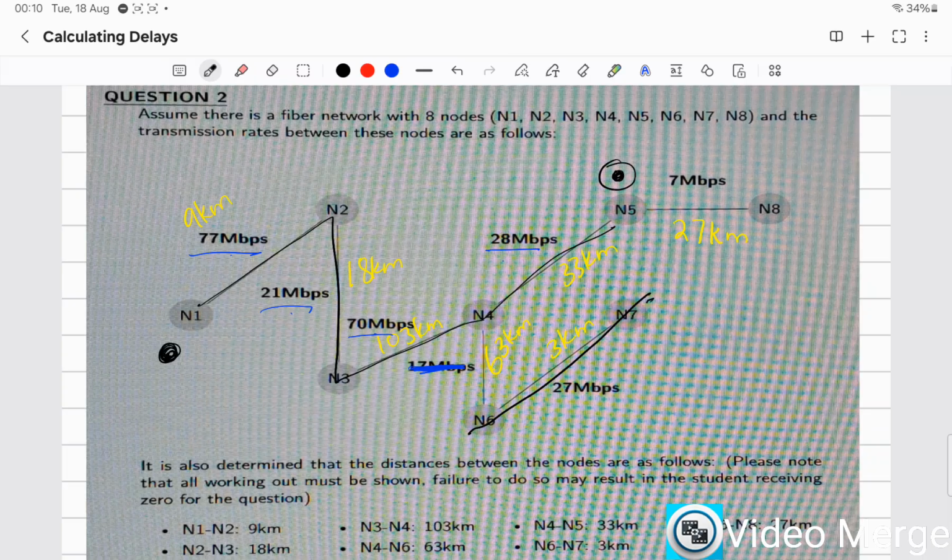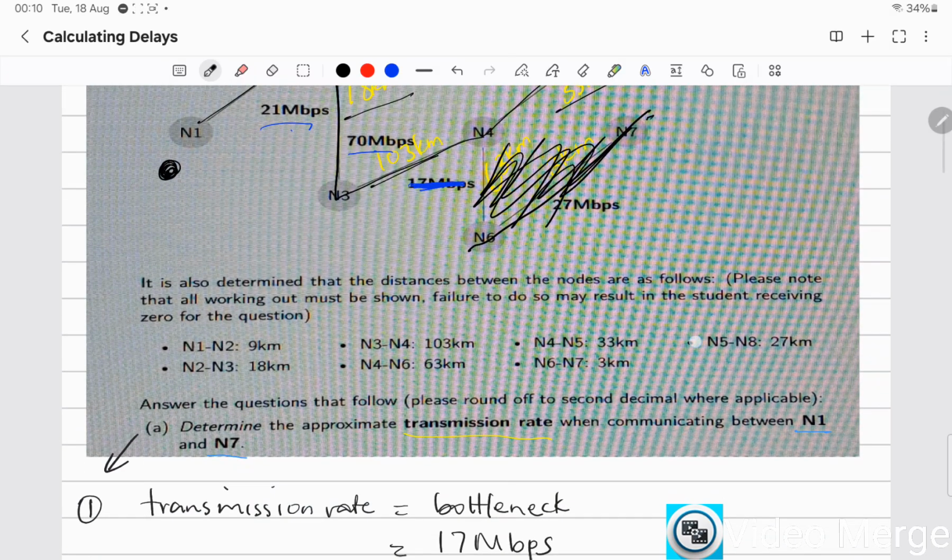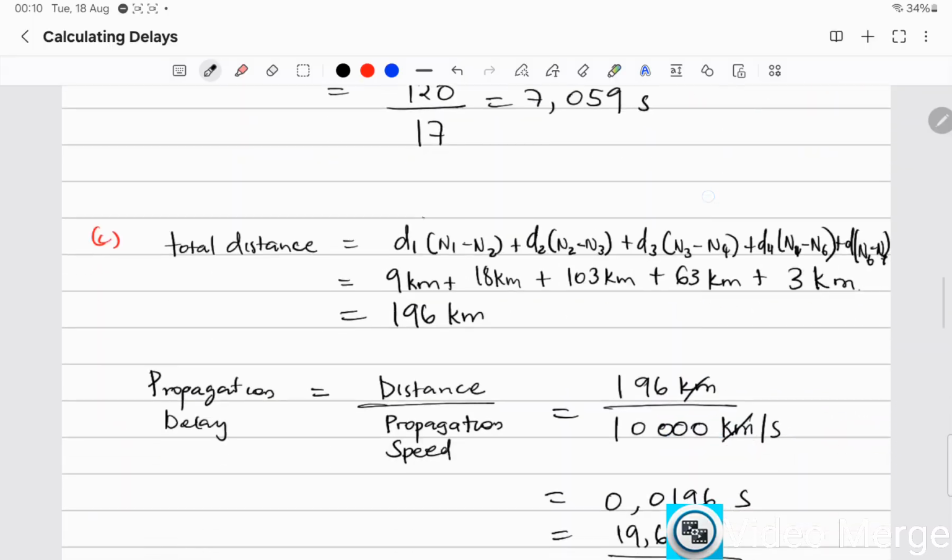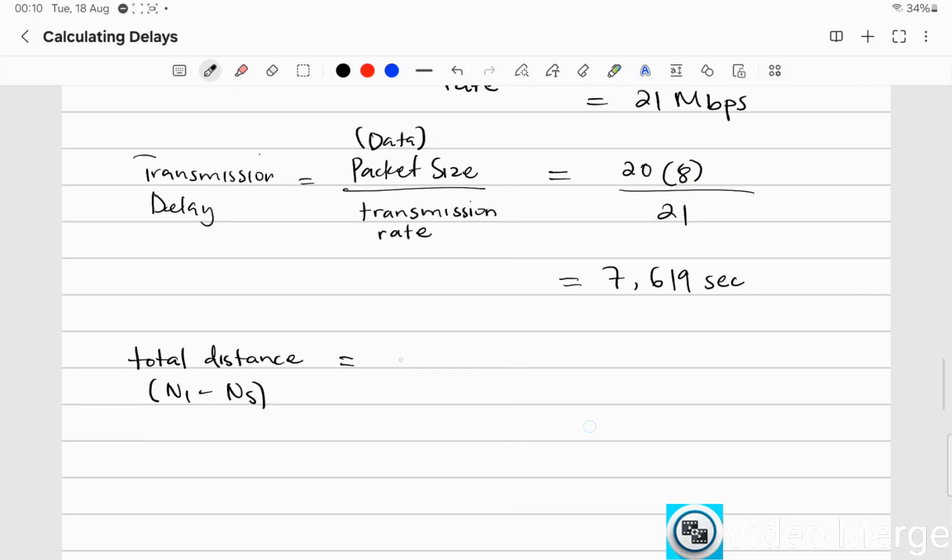Then 27 plus 103 is equal to 130. 130 plus 33 is going to be 163. Because now we're not moving down this road, remember. We are moving up. So it's 9, 18, 103 and 33, because it ends here. So we've got 163 kilometers in total.